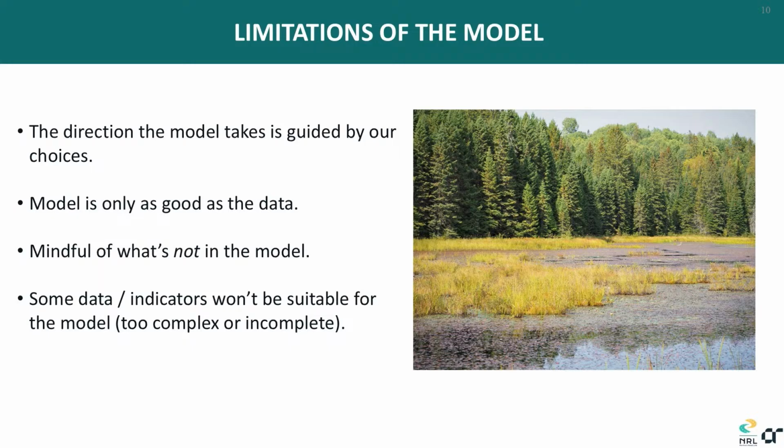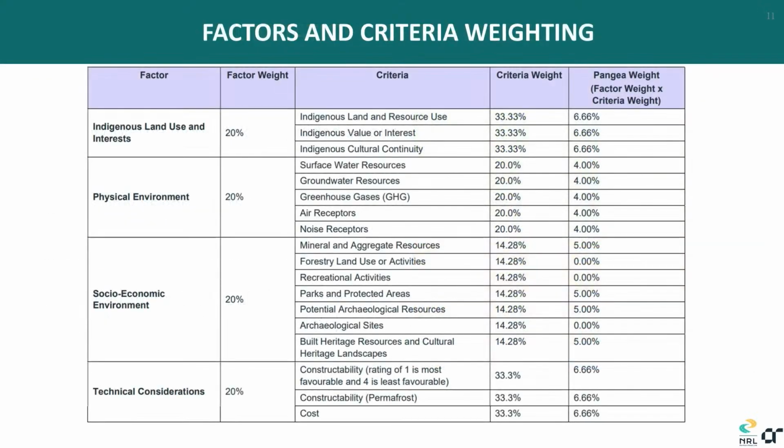Some layers are not suitable for the model, but they have to be considered. So they're considered more qualitatively as opposed to quantitatively. And then the next couple of slides just show each factor, the criteria associated with each, and then the weight associated with each in the actual model.